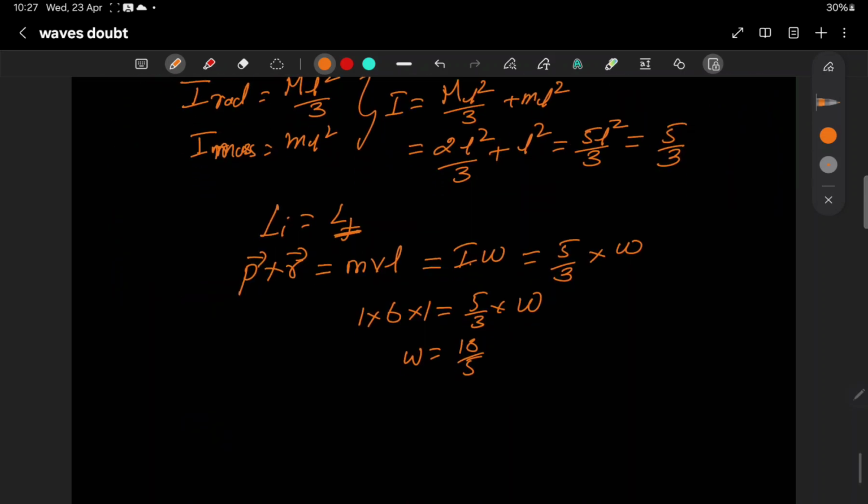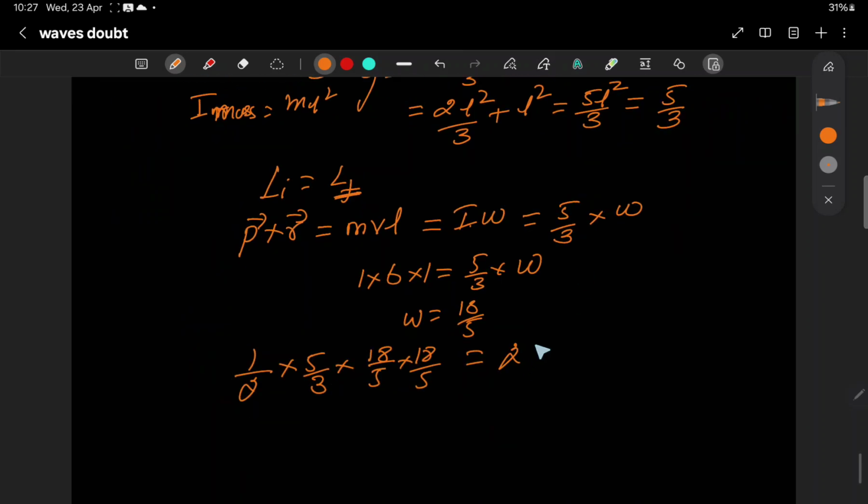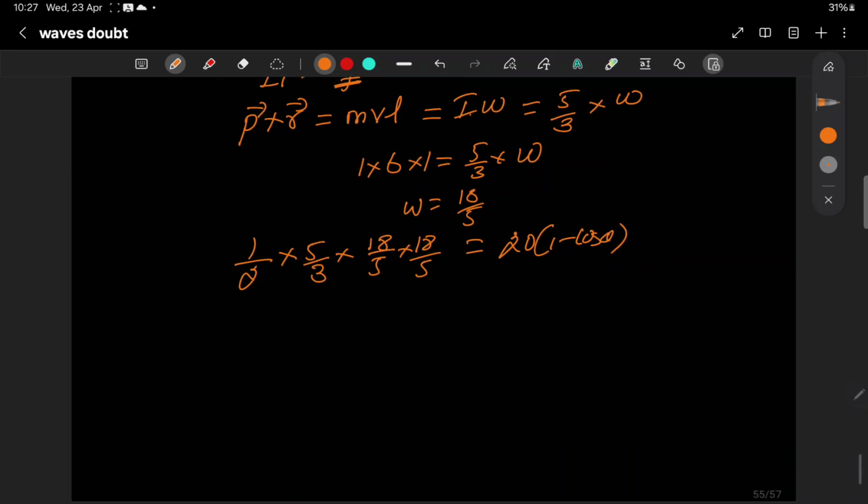Okay, so half I omega square. Half I is 5/3, omega square is 18/5 into 18/5, which is equal to what? Your work done is 20 into 1 minus cos theta. So if we solve this we should get the answer.